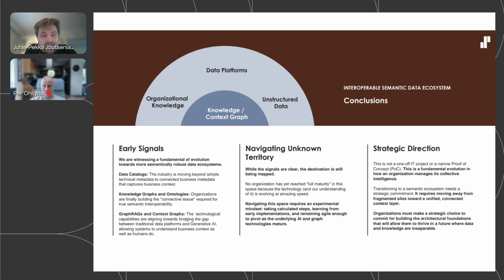So there is more and more need to connect technical and business metadata capabilities. Knowledge graphs and ontologies are no longer only an academic thing, but more and more organizations are starting to discuss this topic and have acknowledged that something like this is needed to build the semantic foundation. And of course, technical capabilities like graph RAGs and context graphs are emerging topics.